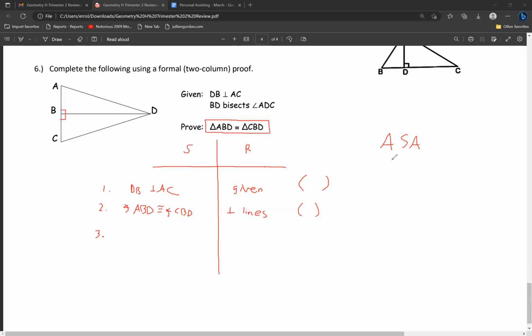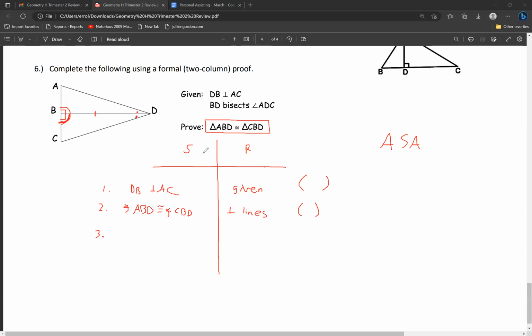We need angles. So we're going to say this angle is equal to this angle. This side is the common side, and then this angle equals this angle. There's your angle side angle.